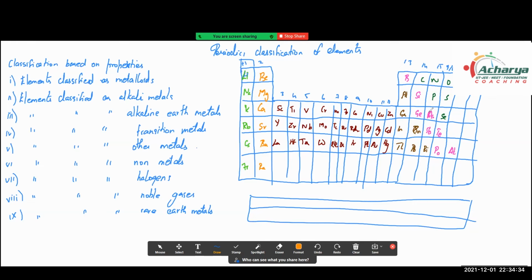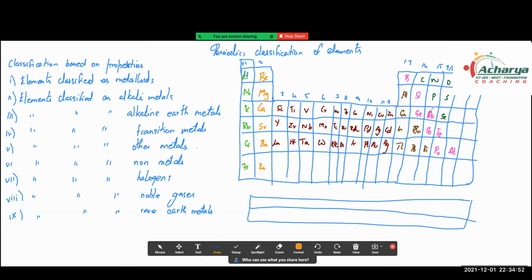They are very brittle, and they do not possess ductility and malleability.